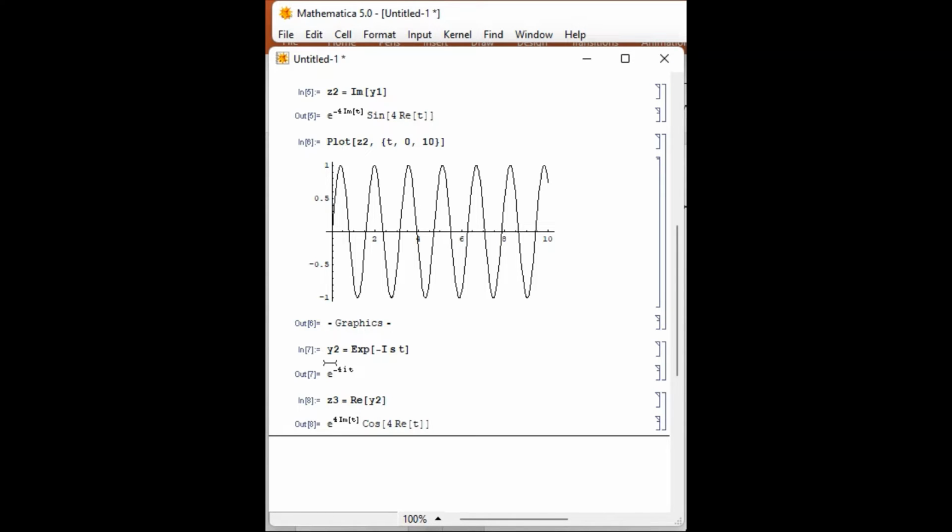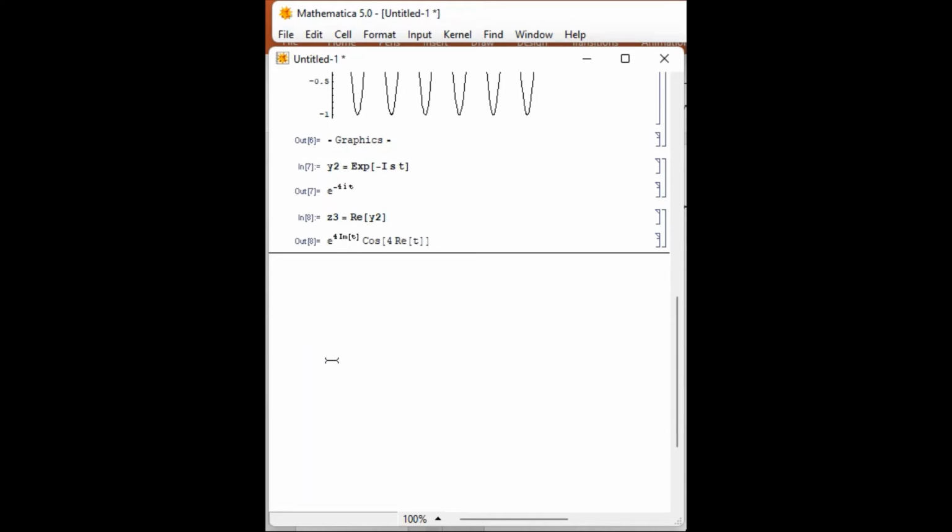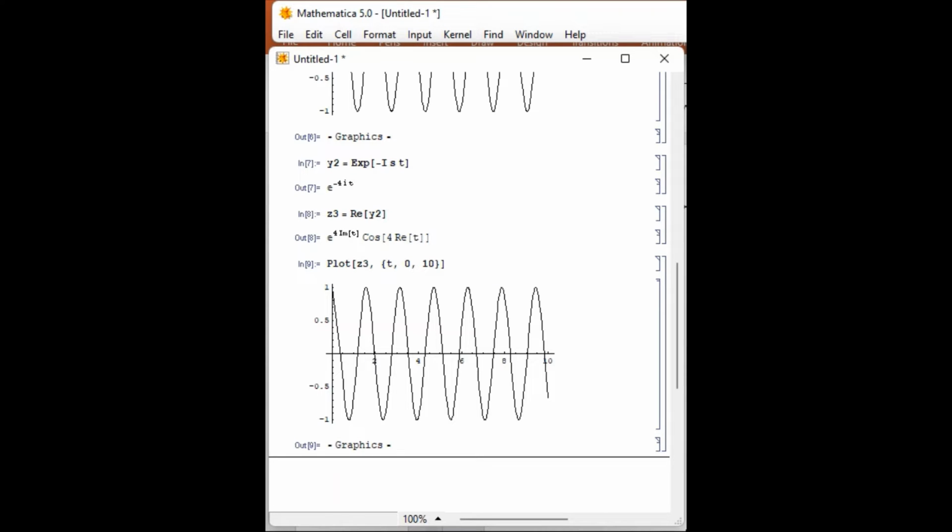Now plot z3, t is same from 0 to 10. Got it.